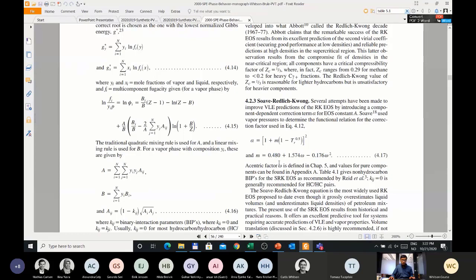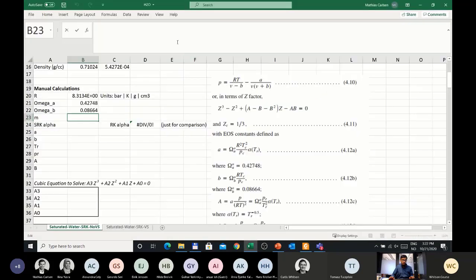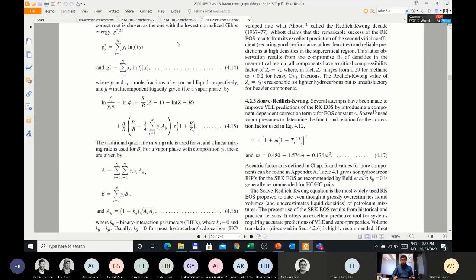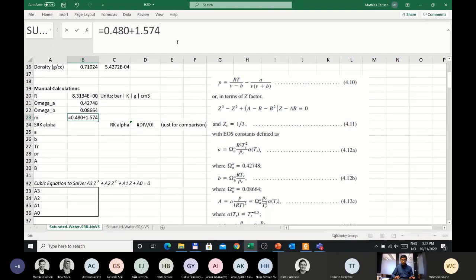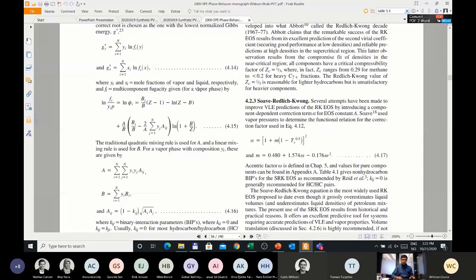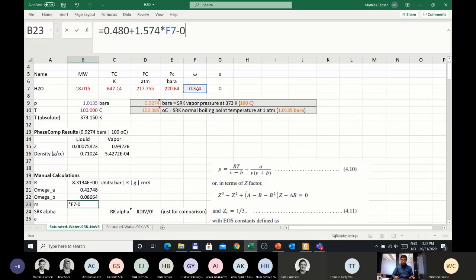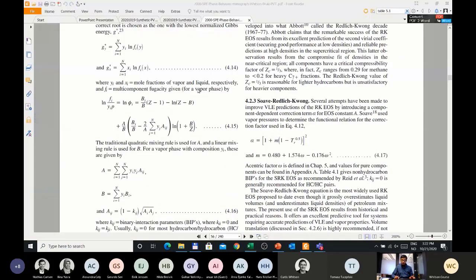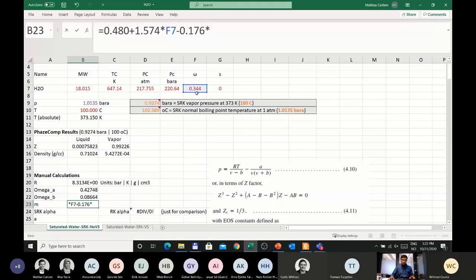Just write it here: m equals 0.480 plus 1.574 times the acentric factor, which is here for water, minus 0.176 times the acentric factor squared.